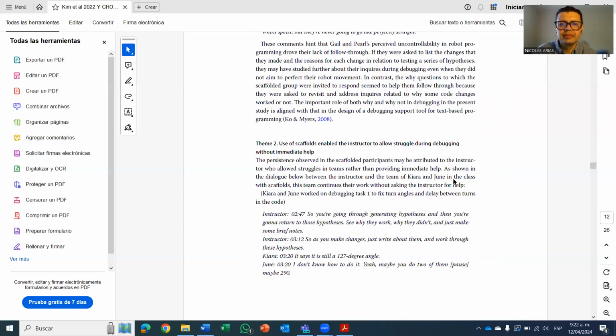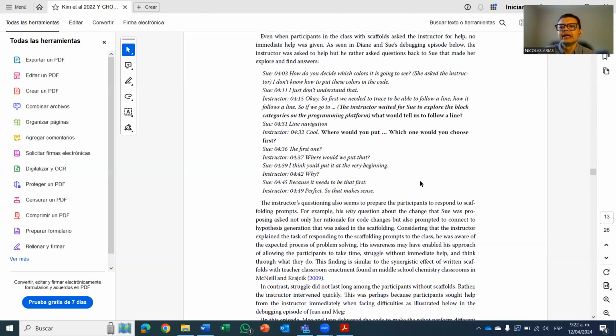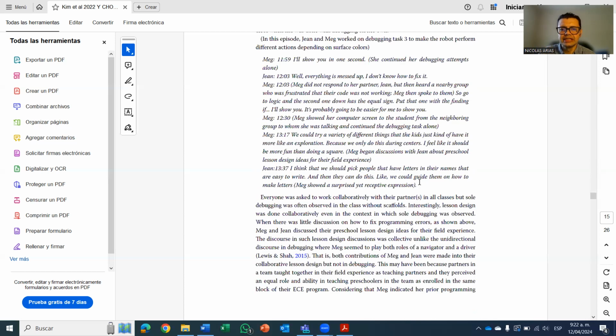They show along the article the main themes that they are getting and how they are supported in different dialogues, different screen captures, and different elements, as they are showing here, along all the analysis that they are presenting.